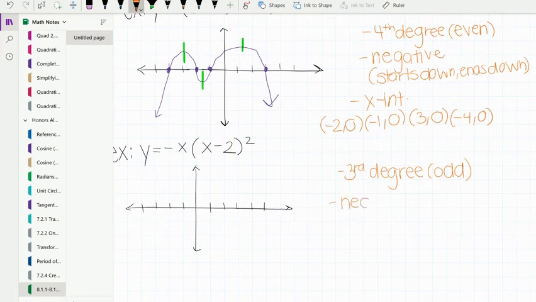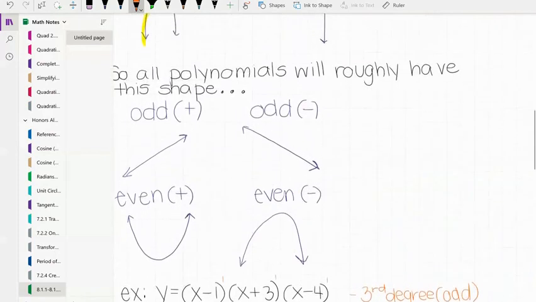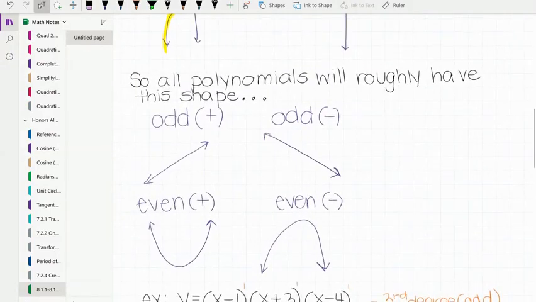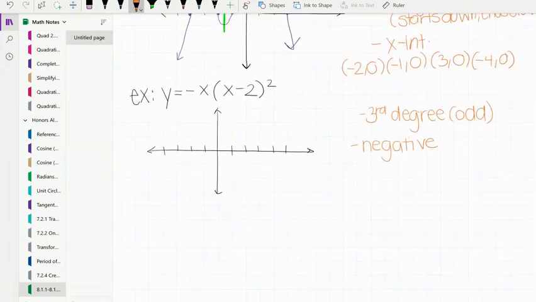This is negative because it has a negative sign in front. So because it's negative and odd, I look back to my little polynomial Bible, I call it. So it starts up and ends down because it's negative odd. So starts up and ends down.